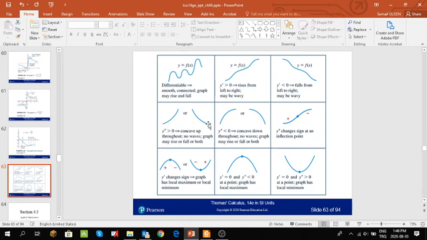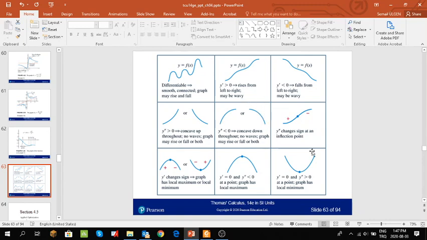So the graph may rise or fall or both, either way. Second derivative less than 0 means the graph is going to look like this or this. So you don't have any waves here. The graph may rise, fall, or both of them.